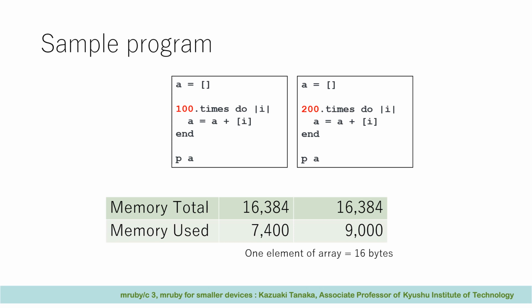But the difference is exactly the same as the difference in elements of the array. One element of the array is 16 bytes, and the total difference between 100 and 200 is 1.6 kilobytes. That is exactly the same as 100 elements of the array.